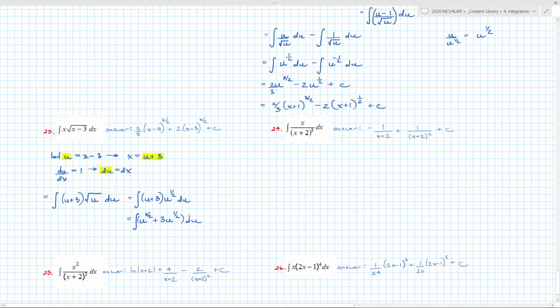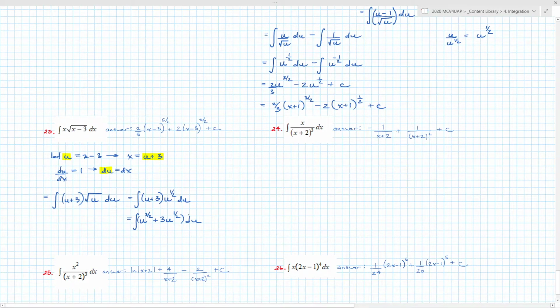So now I just take the antiderivative of each one of these terms in the integrand. So there are 2 of them. I'll just move over here to the left. That would be u to the 5 over 2 divided by 5 over 2, which is the same as multiplying by 2/5.